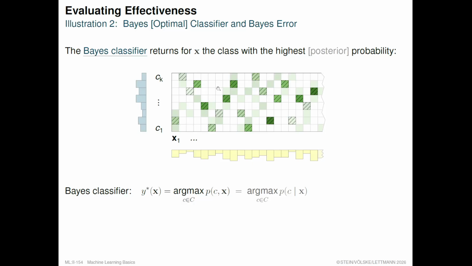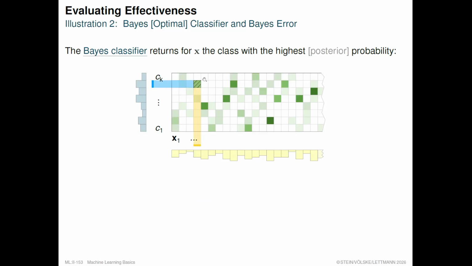But now let's also have a look at what this means mathematically or intuitively in this joint probability space on the feature space. This means that you're actually scaling up this vector by the sum of the whole column, which means that the sum of these values after scaling is 1 again.